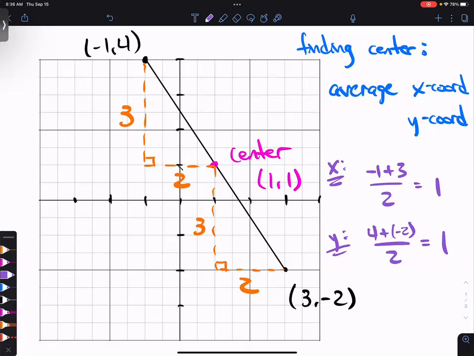Okay, how can we find it? Any ideas? Well, we can't do exactly the same thing, because if we did exactly the same thing, we'd get back what we just got, right?